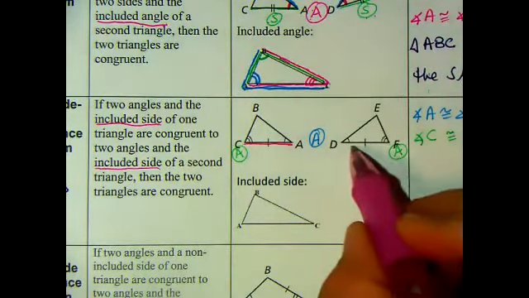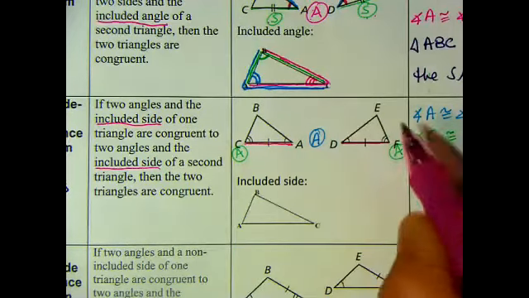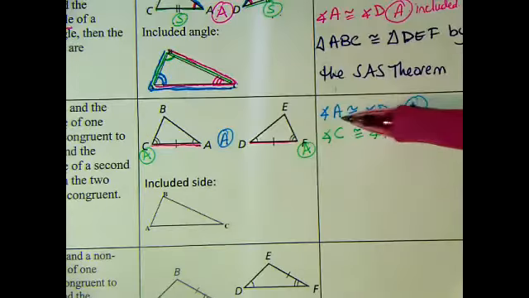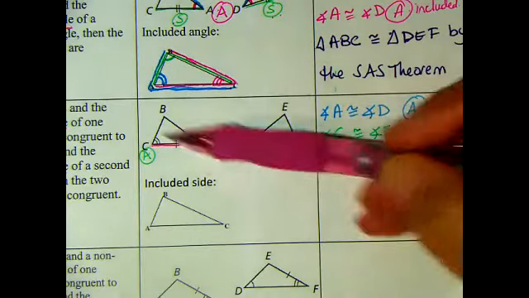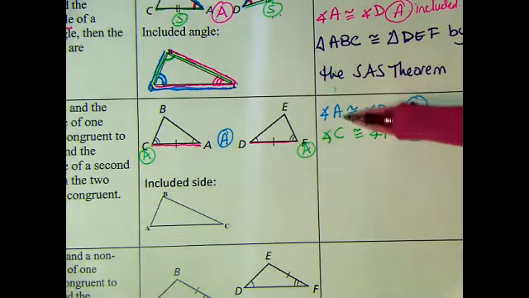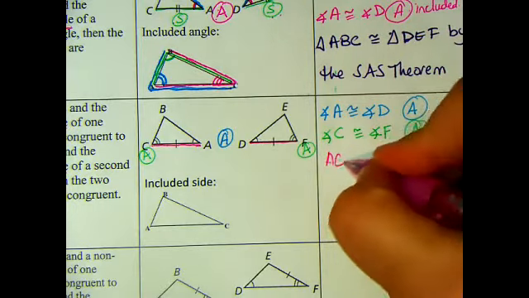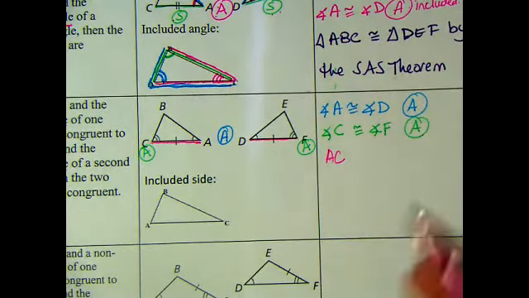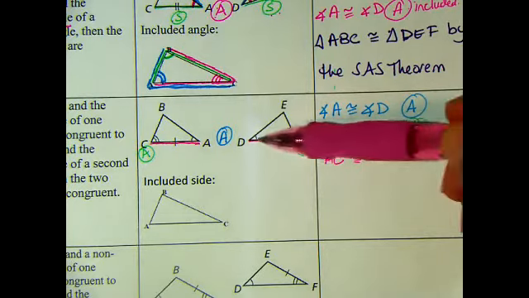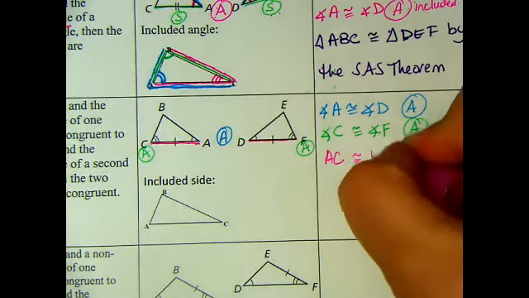The two angles used in triangle ABC are angle A and angle C, so the included side is side AC. The two angles used in triangle DEF are angle D and angle F, so the included side between those is side DF.